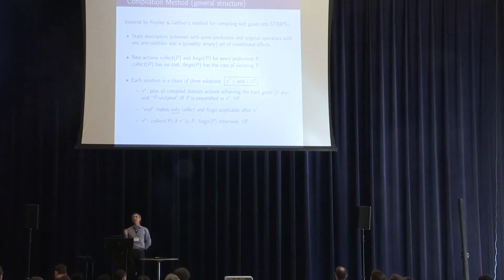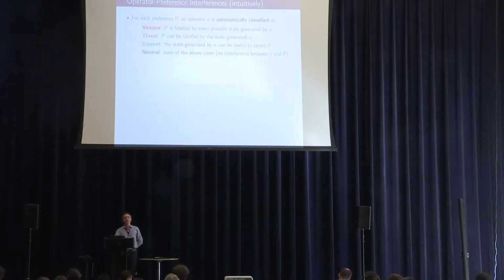The first subplan, pi prime, contains only original operators and is used to achieve the hard goals of the problem. Then there is a special action ends that blocks the use of the original operators. And finally, the last subplan is formed by forgo and collect actions only, and we have exactly one of these actions for each preference.